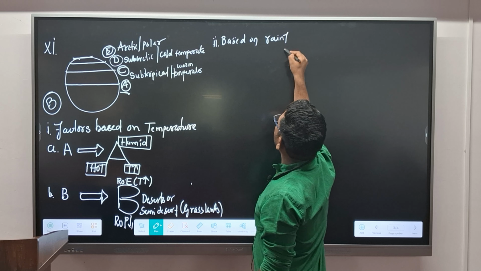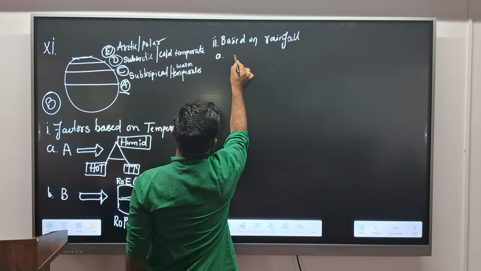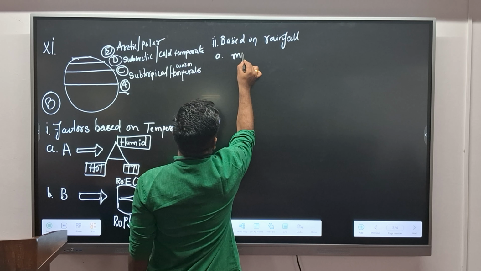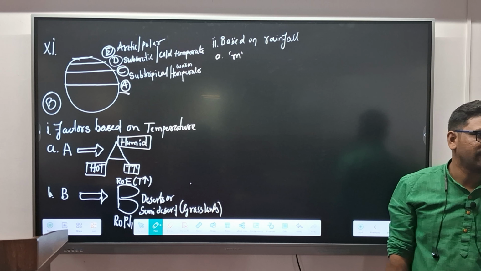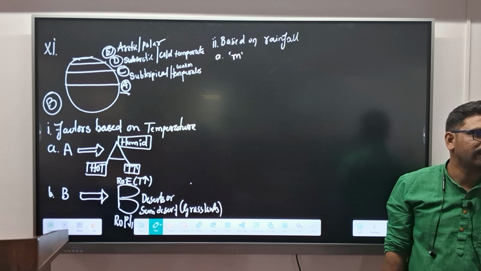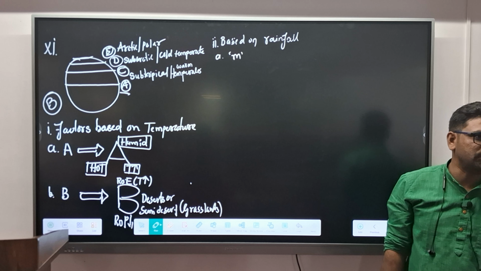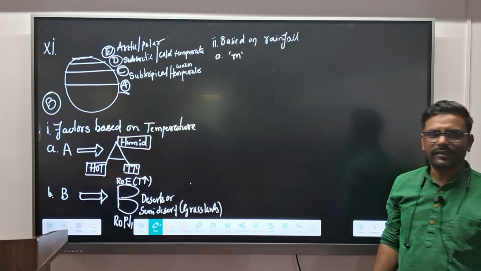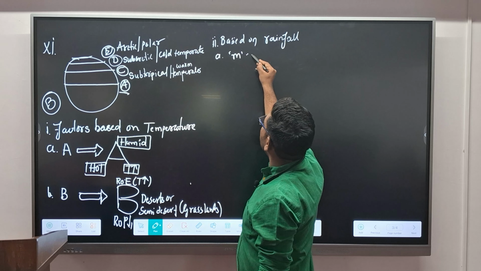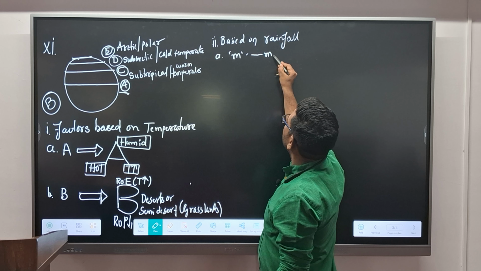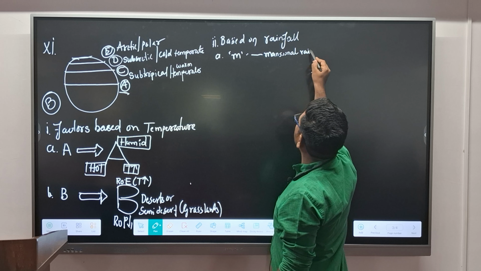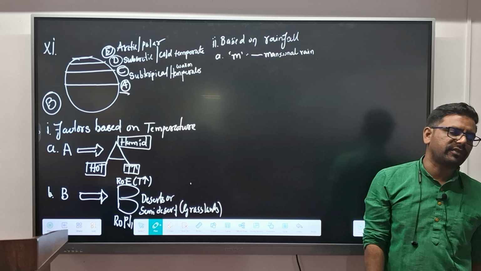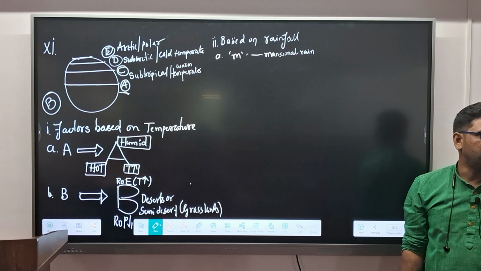If in the exam they ask you about small m, m means monsoon. Monsoonal rain. Do you understand? Whenever they ask you in exam, m means monsoonal rain.